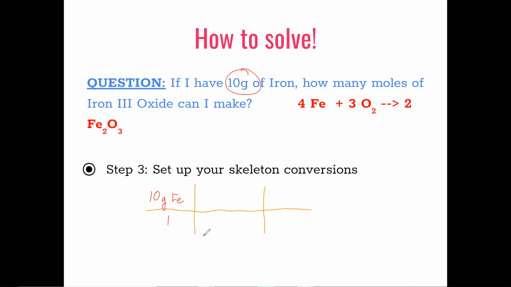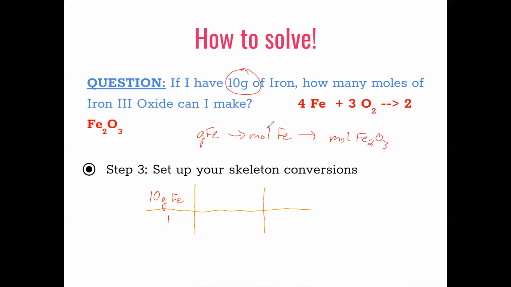Okay? Then you are going to go ahead and figure out how to write down your first conversion. So for those of you that forgot, we were going from grams of iron to moles of iron. And then from moles of iron, we were going to moles of iron 3 oxide.